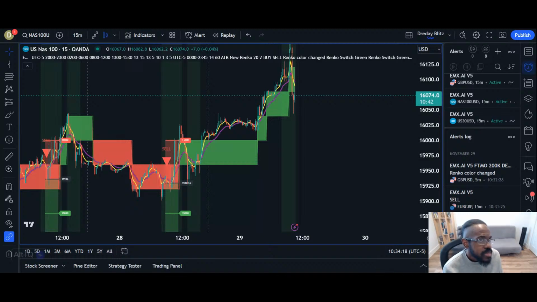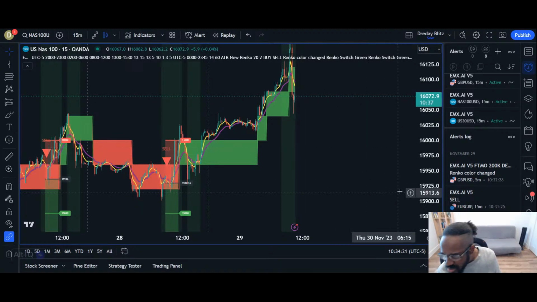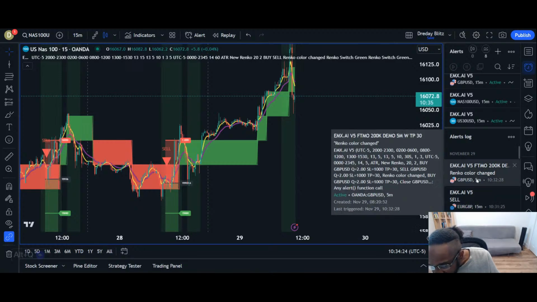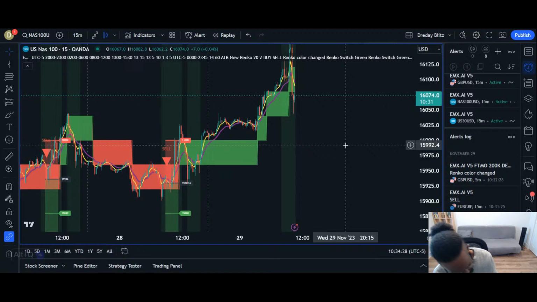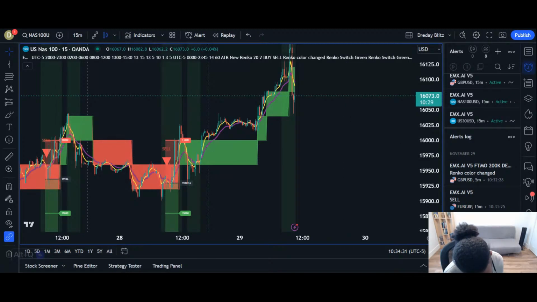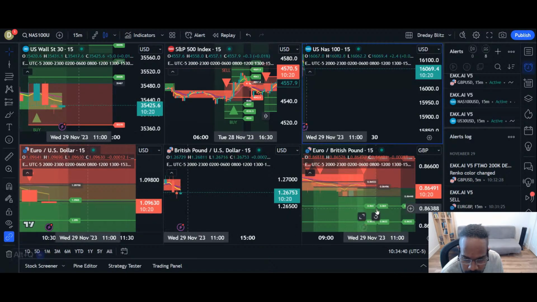Yeah, so nothing so far in regards to alerts. We had only a GU sell here at 10:31, so 3 minutes ago. So Euro GBP, that'll be this one here.